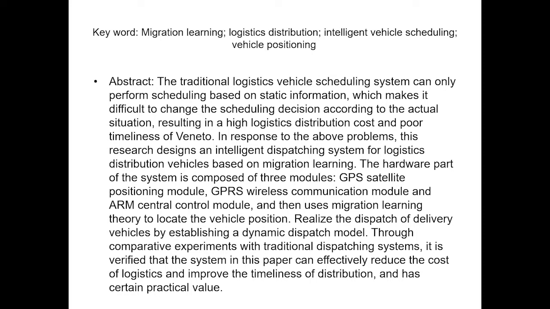Realize the dispatch of delivery vehicles by establishing a dynamic dispatch model. Through comparative experiments with traditional dispatching systems, it is verified that the system in this paper can effectively reduce the cost of logistics and improve the timeliness of distribution, and has certain practical value.